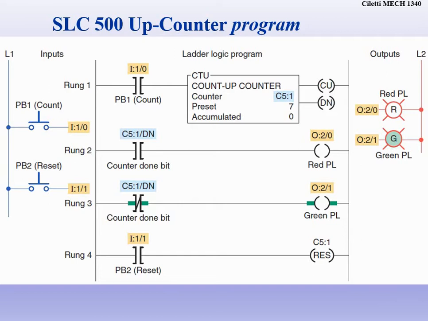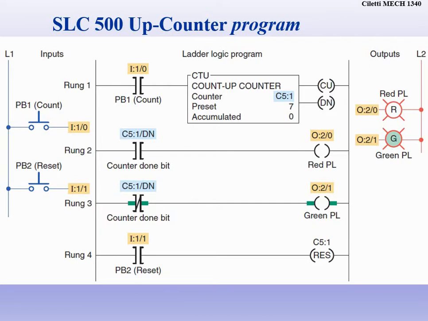Then once the done bit is done, we've reached 7, it'll close the contactor on rung 2, and the red light will go on and the green light will go off, and then it's going to sit there. Then we will have to come in and reset it with push button 2. Push button 2 will reset the counter.